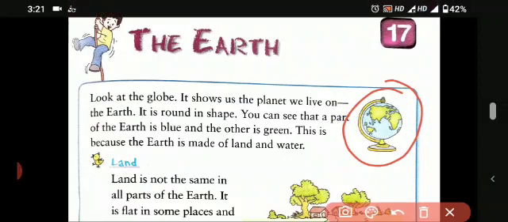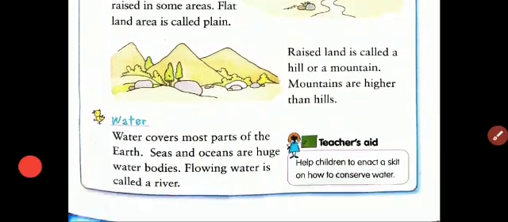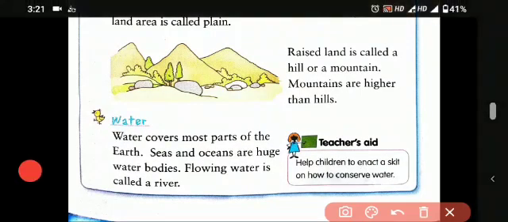That means we have 70% water on the earth, which is of sea and oceans. And we also have rivers, which are called flowing waters.